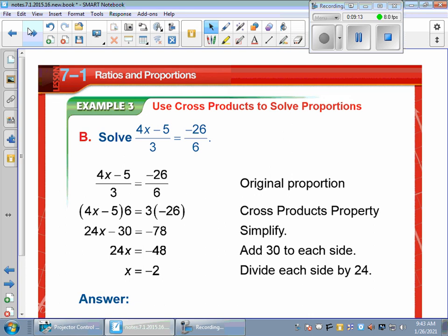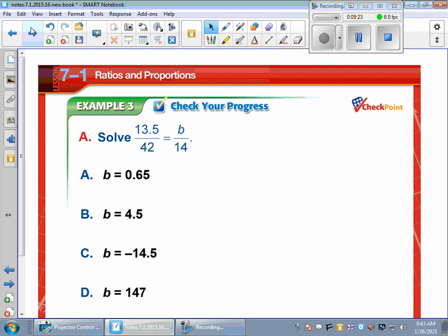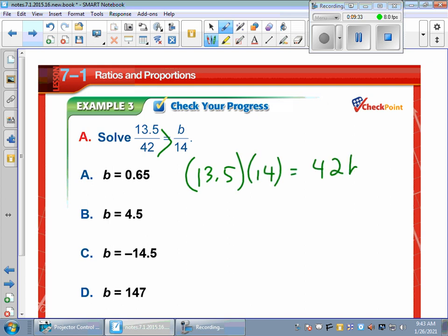Next one here, again, using the parentheses. You want to put the parentheses here. This looks like the same one we already did, so x is negative 2. This one, again, I would ask that you try this on your own. Cross multiplication. 13.5 times 14 equals 42 times b.